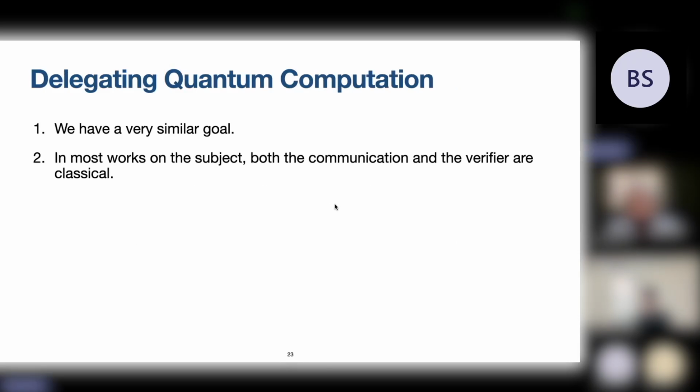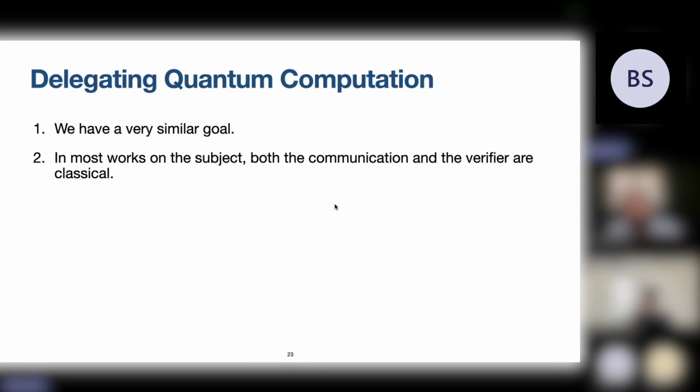And another reference, like related work. So we have a very similar goal to delegating quantum computation. In most of the work in delegating quantum computation, both the communication and the verifier are classical, but for us it's quantum.